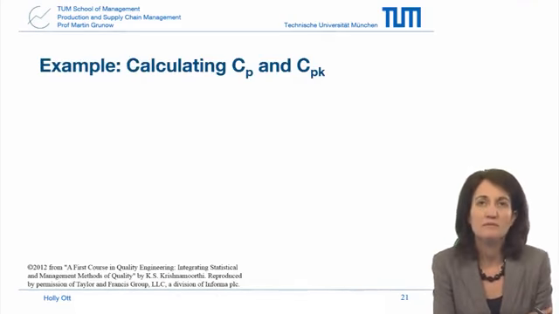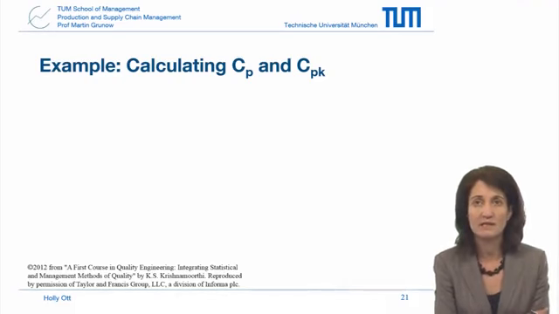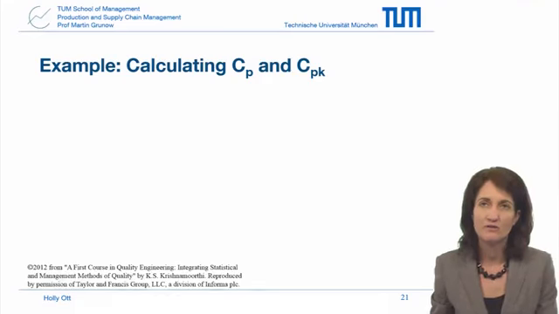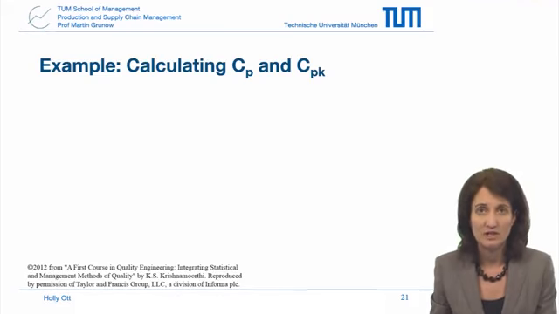Before we do this example, we need to make the point that both CP and CPK are population parameters, like mean and standard deviation. We cannot know the exact value of the population parameters, but we can estimate them from sample data. Both CP and CPK need an estimate for the standard deviation.